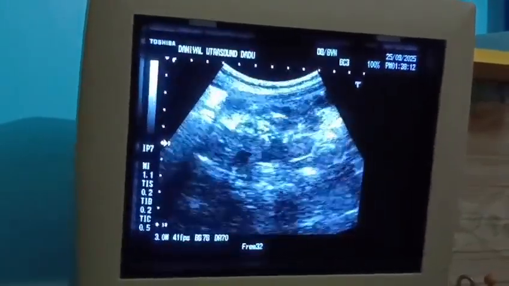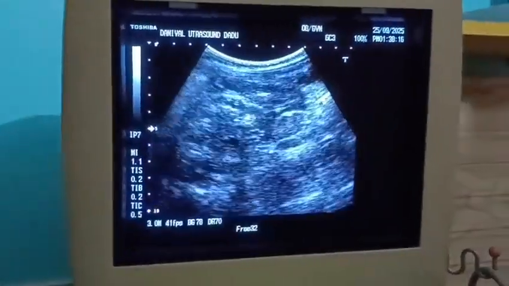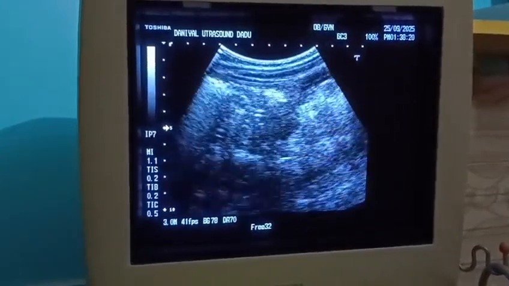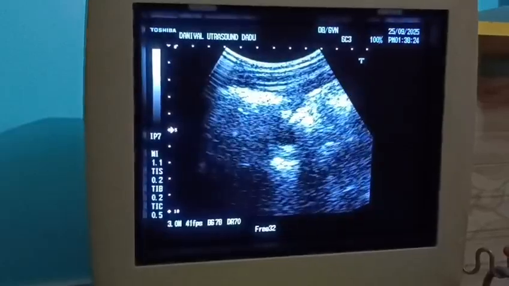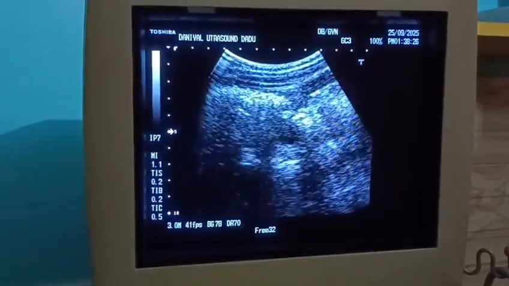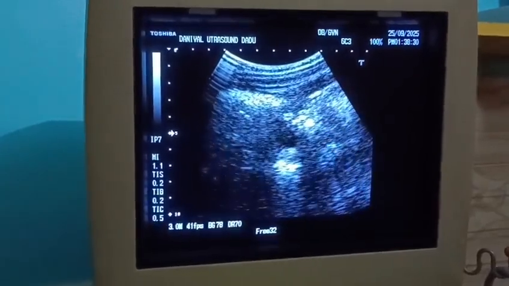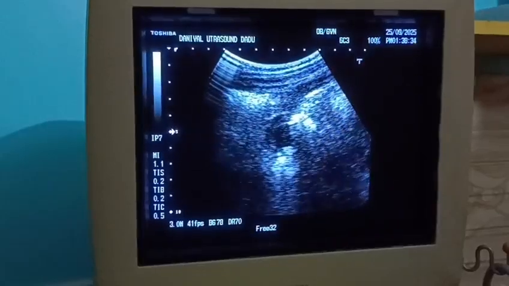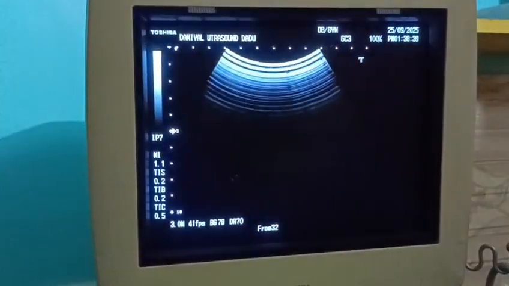Here some gut walls are thickened and few are not. Now these ultrasonic features suggest intestinal perforation with free peritoneal fluid and free intraperitoneal air.